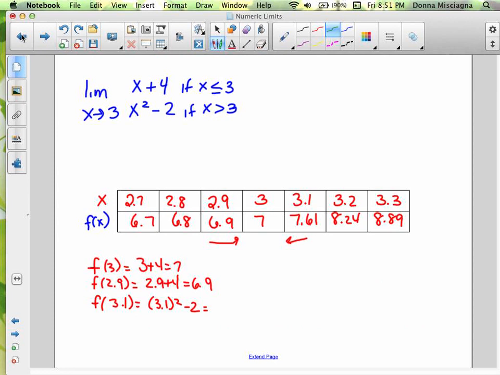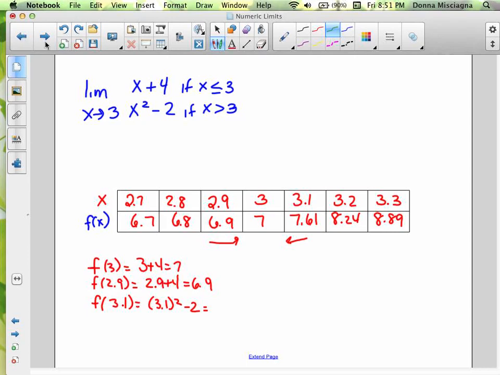Is it going to go to 7 on both sides? When we're at 3.1, we're at 7.61. So numerically, you should probably choose values that are even closer to 3, right, to make sure.